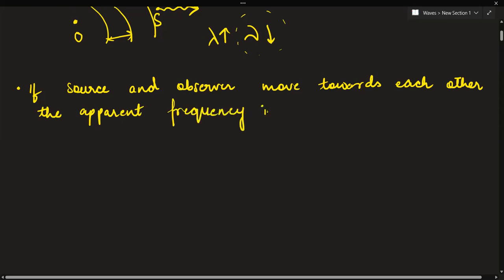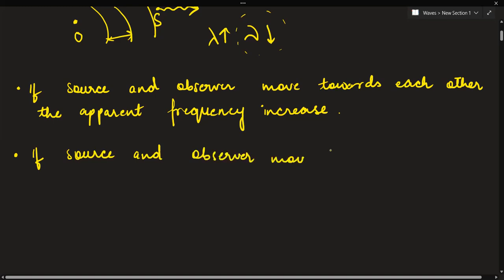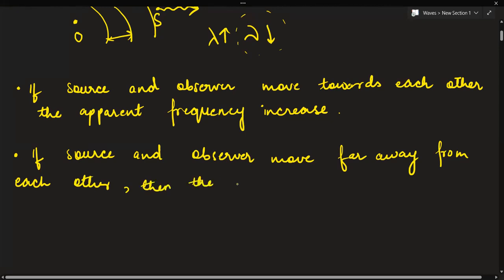It increases. And if source and observer move far away from each other, then what effect should it have on the apparent frequency? It decreases.